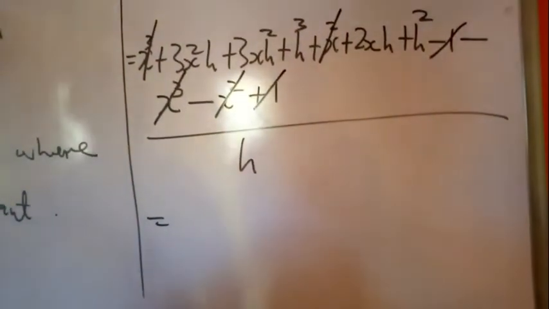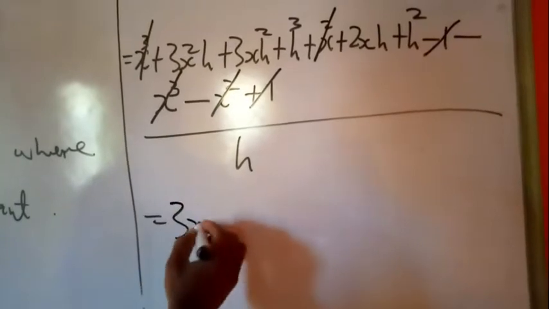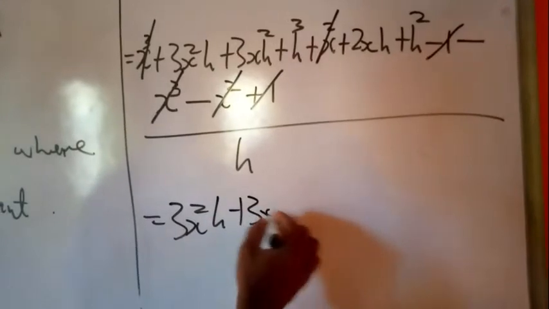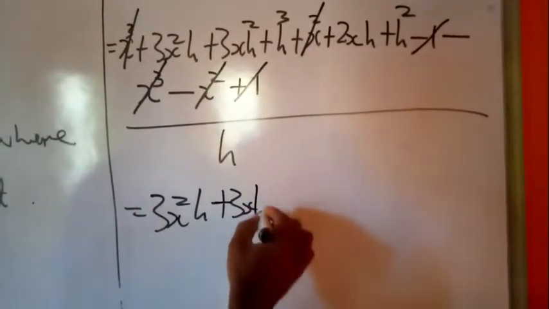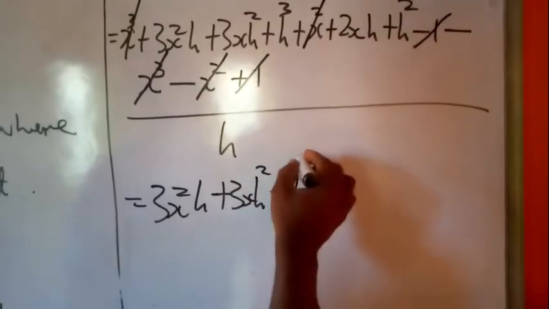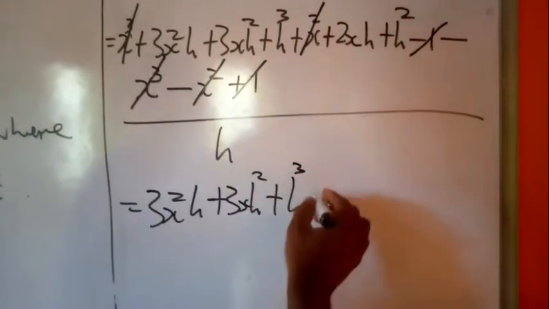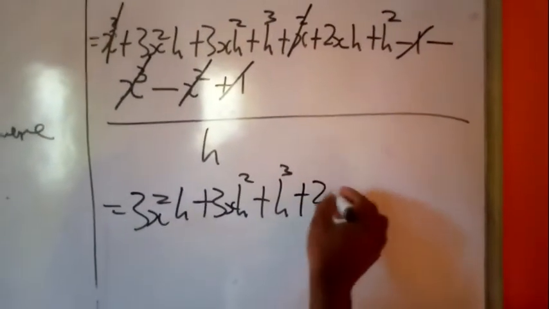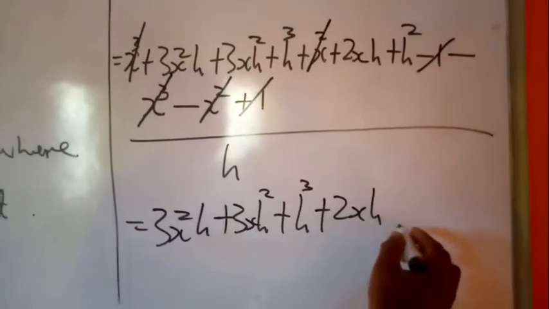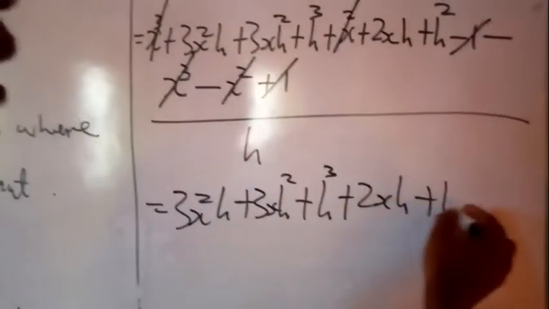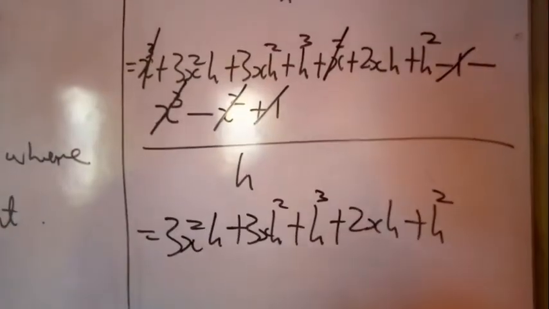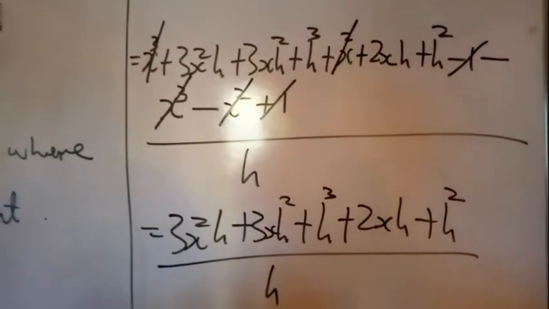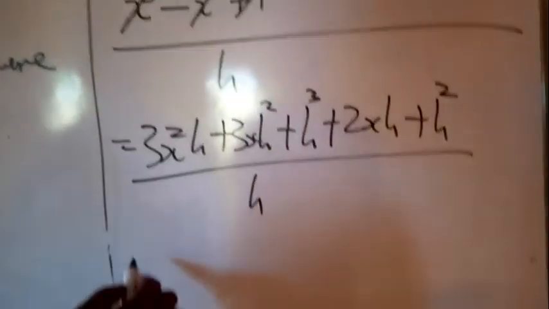So let's see what we have. 3x squared h plus 3xh squared plus h raised to power 3 plus 2xh plus h squared all over h. So let's try to factorize and take away h.